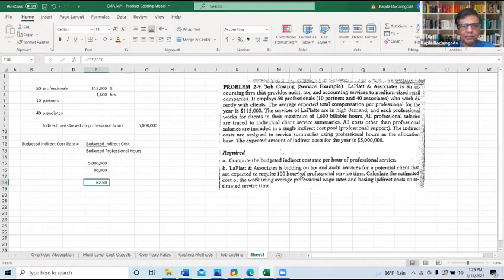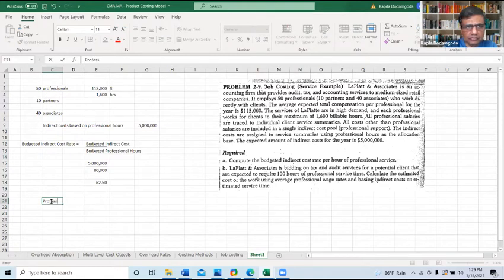So then, what are the costs that you're going to charge per hour? So our rate, which is, how much is that? 115,000 divided by 1,600.